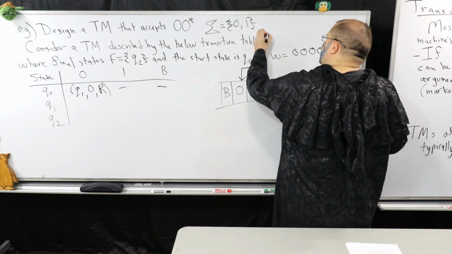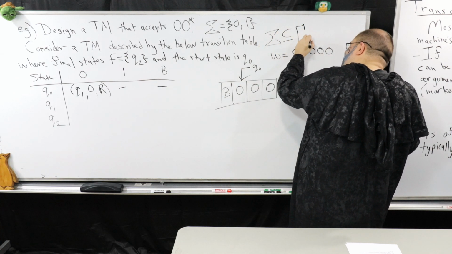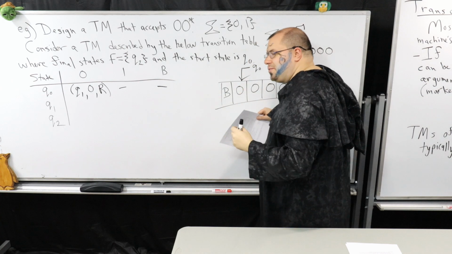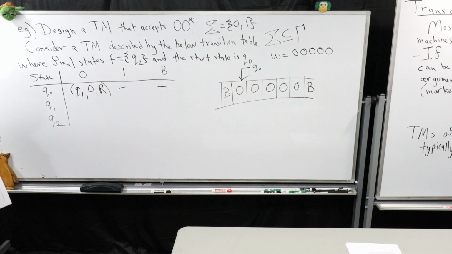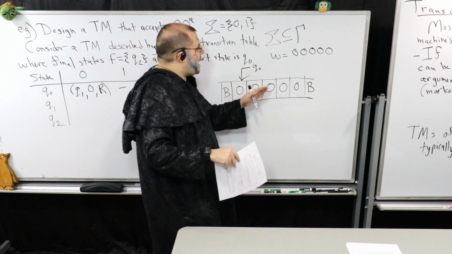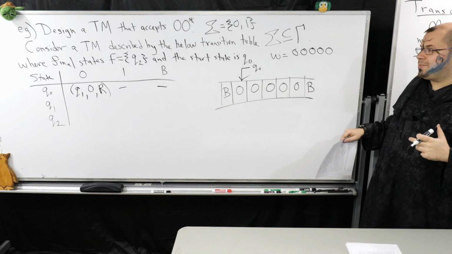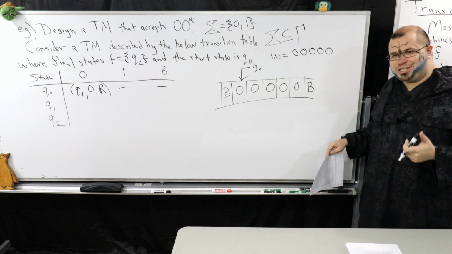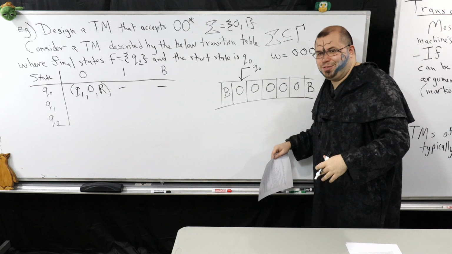With the definition of a Turing machine, the tape symbols are always a superset of the input symbols. So if you could be given any binary string, then most certainly the tape symbols have to consist of all the binary symbols too. It's just that we're not going to find them very useful for our Turing machine, because we just want to make this thing reject as fast as possible if it sees a 1.